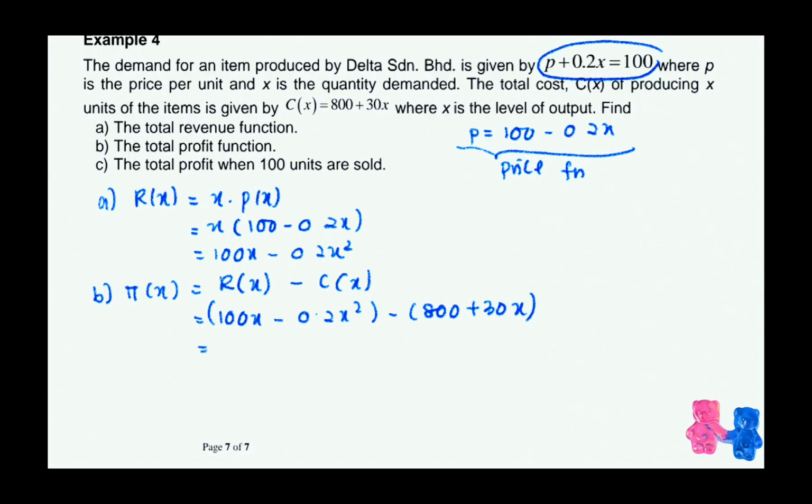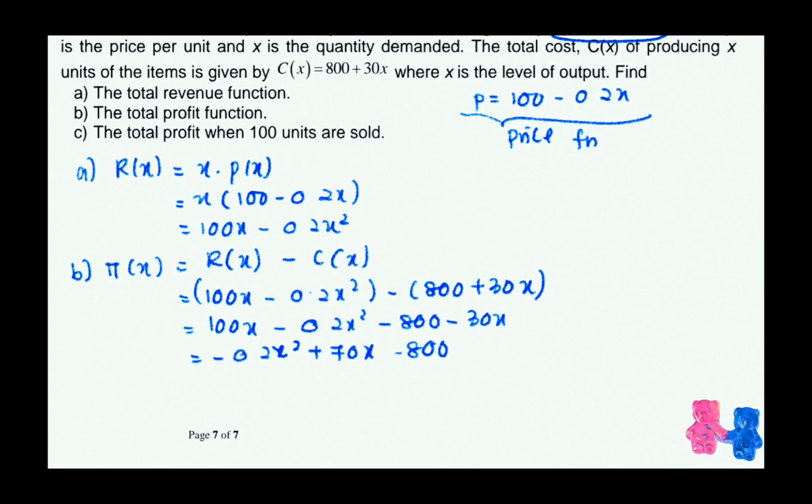So what we have here is 100x minus 0.2x squared minus 800 minus 30x. Rearranging, we get negative 0.2x squared plus 70x minus 800 for the profit function.